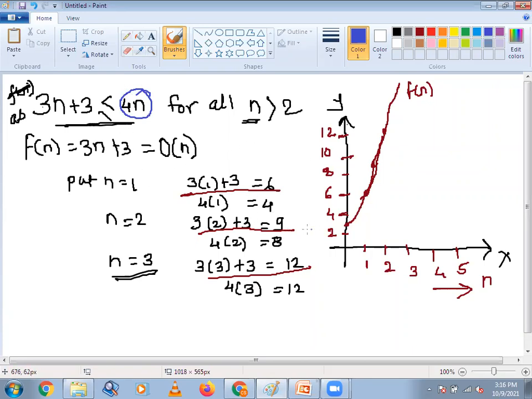Then for 0, it will be 0. For 1, it is 4. For 2, it is 8. For 3, it is 12.